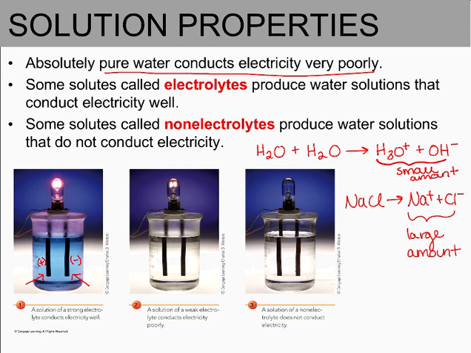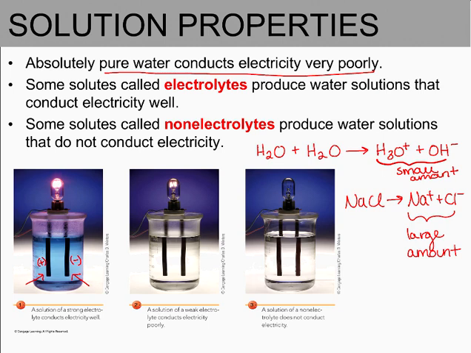Now, whenever we have a flow of ions or ions that are moving around, that generates a current. So if those electrodes are connected to a battery that's connected to a light bulb, we can generate electricity and that light bulb will light up.